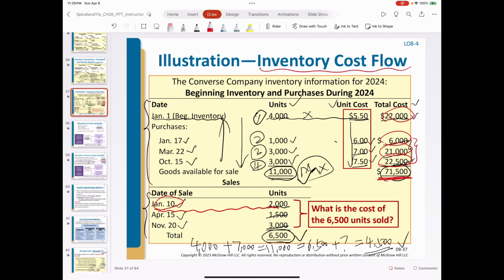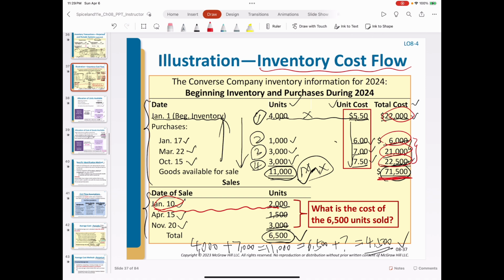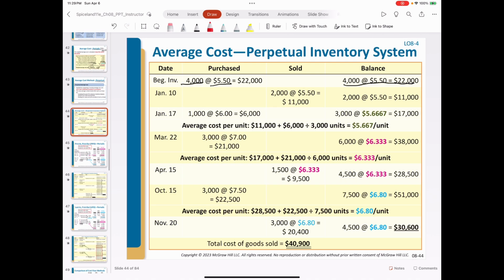We also don't have information about the sales on April 15th and November 20. We only have the information of the beginning balance inventory on January 10th. In this case, we can only use $5.50 as the average. Since 2,000 units were sold, we multiply the average based on available information. That's 11,000. Beginning balance 22,000, 11,000 out, so ending balance 11,000.